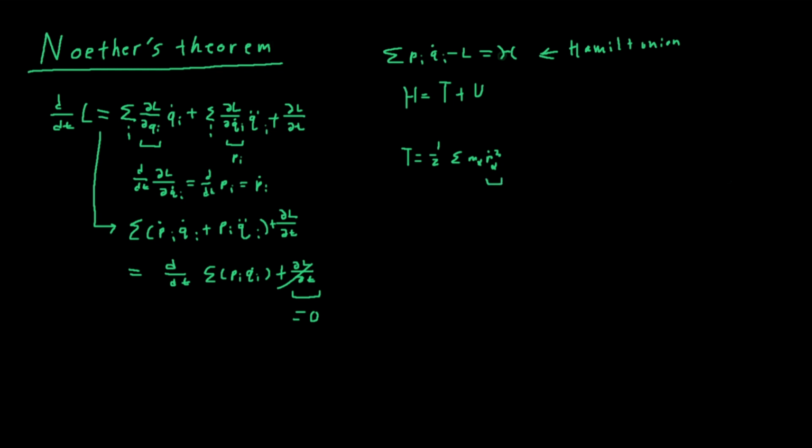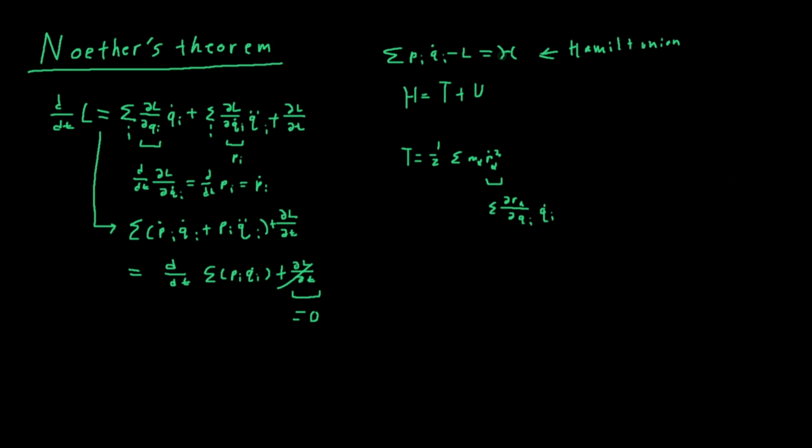By the chain rule, this r prime is just going to be the sum of the derivative of this r_alpha with respect to q_i times q prime_i, summing over all of the generalized coordinates.